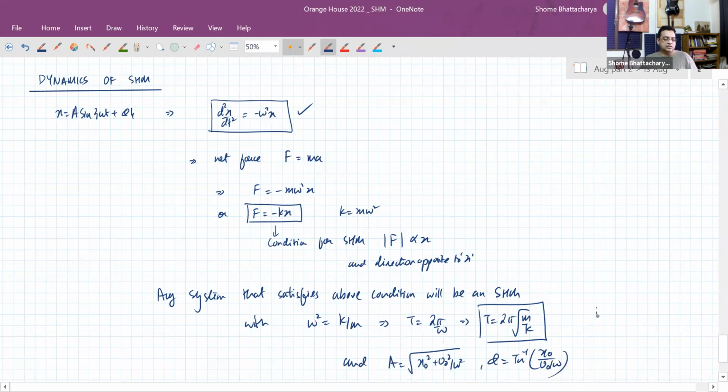So these are the important equations. How to get the value of time period from the force constant k and the mass m of the particle doing SHM, and how to calculate the amplitude and phase constant from the initial conditions, that is x naught and v naught. So this is what we have to learn to apply in numerical problems when we are dealing with the dynamics of SHM. Just make a note of this section first.